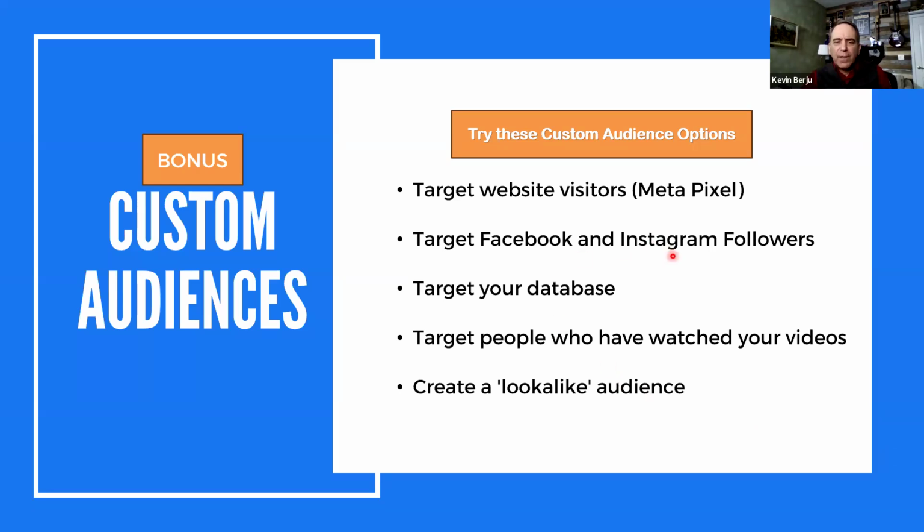Two, you can target your Facebook and Instagram followers. A lot of people don't know this, but now the algorithm really doesn't give a high percentage of your content. It doesn't shoot it out automatically to your current Facebook and Instagram users. It figures, and rightly so, that it's not so much your people that want to see this, it's helping you build your audience.